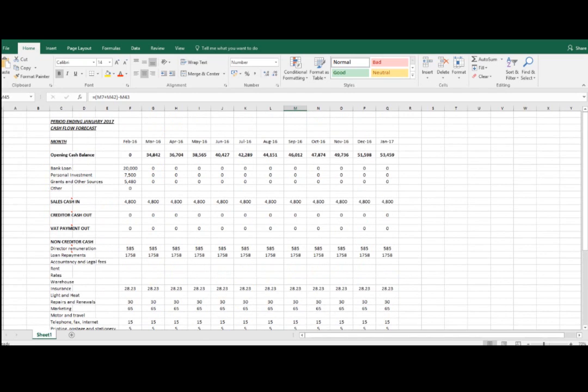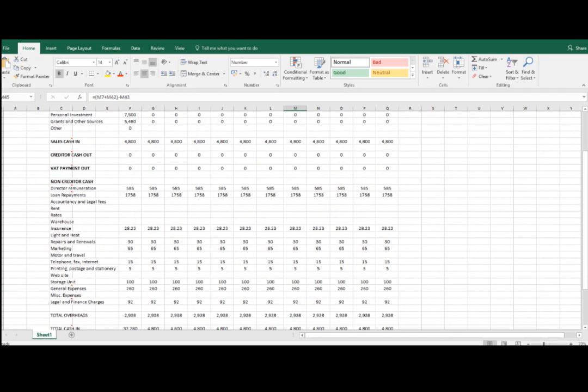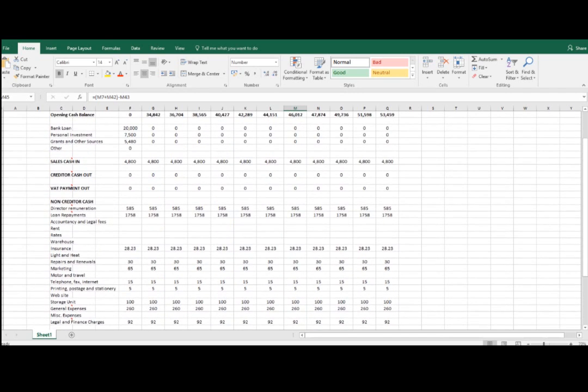This would suggest that the income for this entity, or for this household if this was a household, is greater than the money out. If the money out was actually greater than the money in, so if I change some of these figures here, then available cash would actually be shrinking. It would be negative at the end of each month.